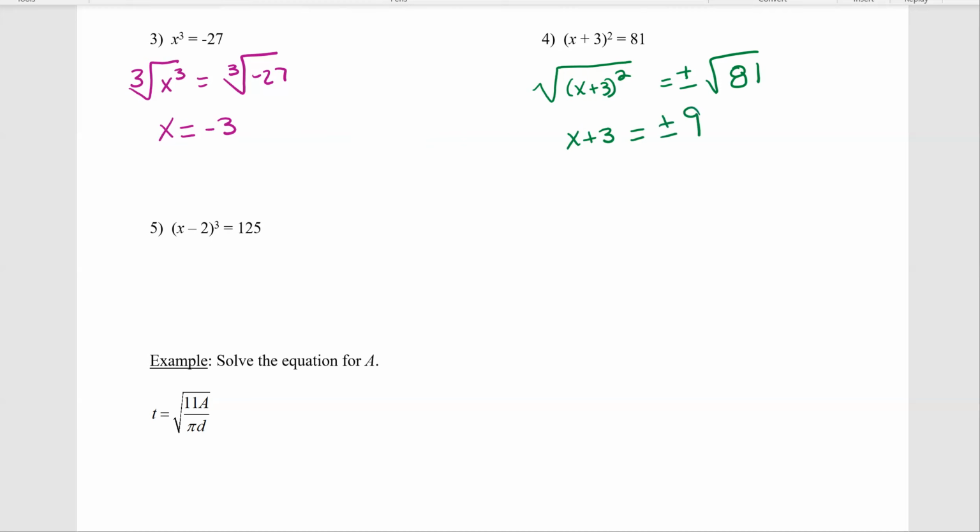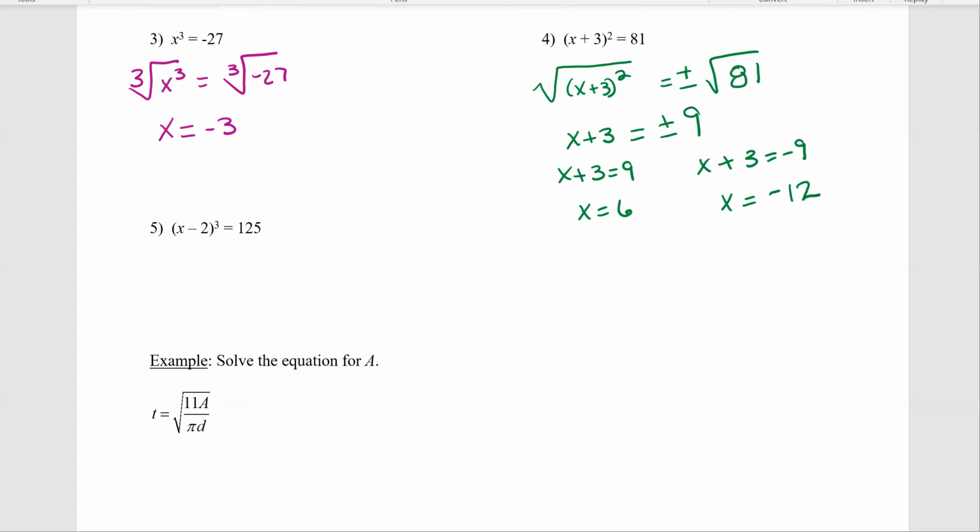And we have two equations. We have x plus 3 is equal to 9. And x plus 3 is equal to negative 9. Subtract 3 from both sides. X equals 6 is one answer, and x equals negative 12 is the other answer.